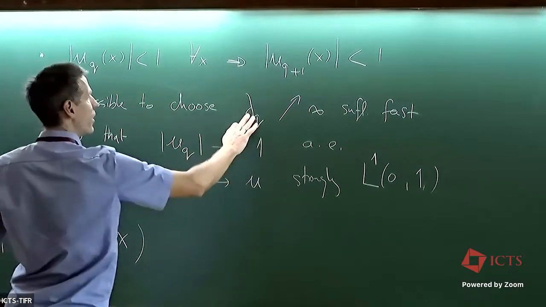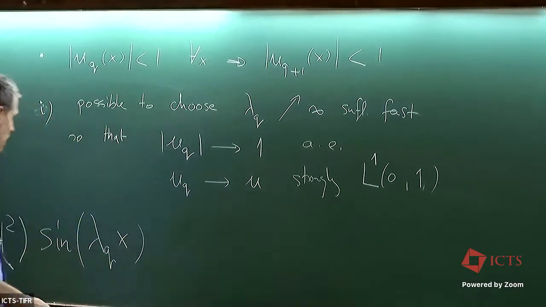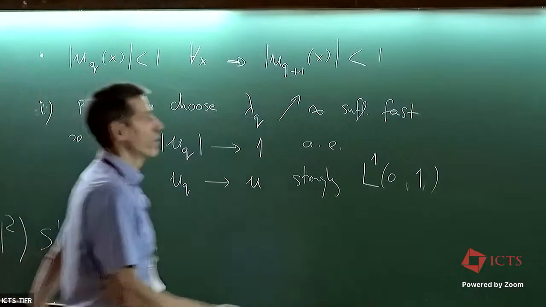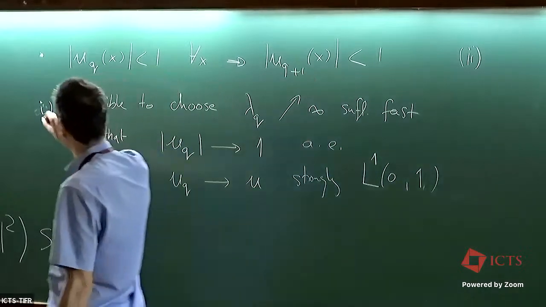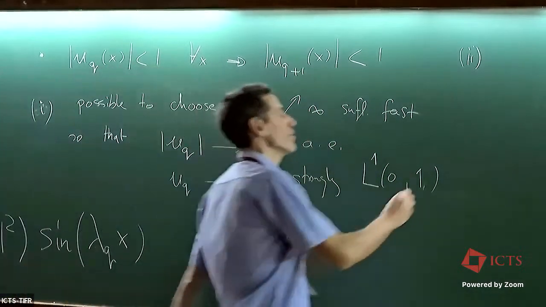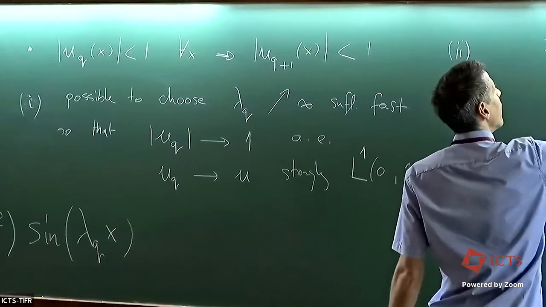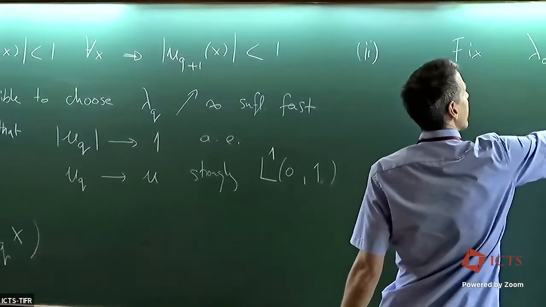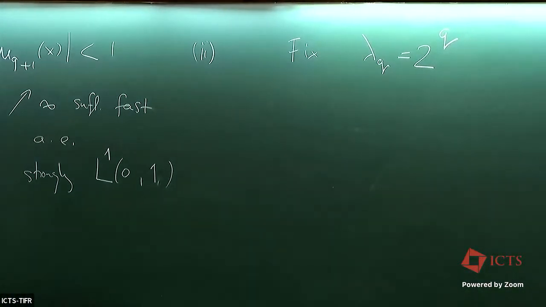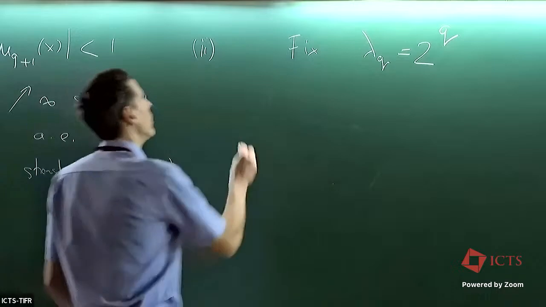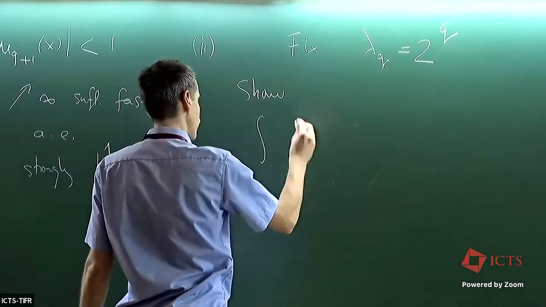The faster this convergence is, the easier it will be to prove this. And now comes the difficult part of the exercise, which is to fix lambda_q to be a power of 2 and show that in fact the convergence rate is also exponential.